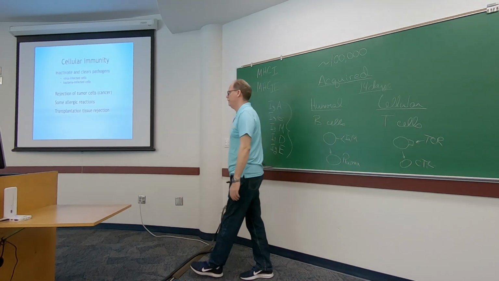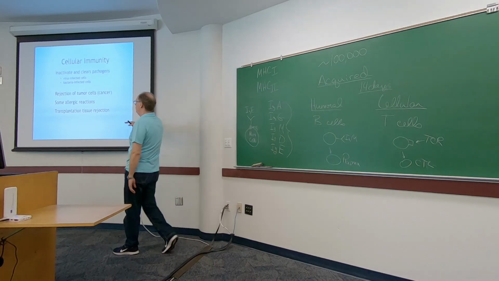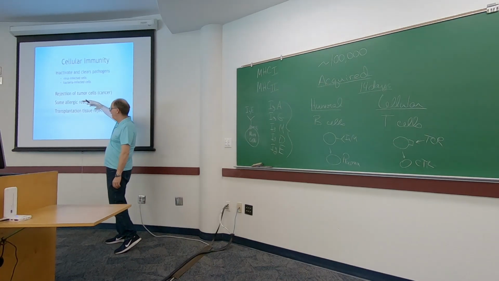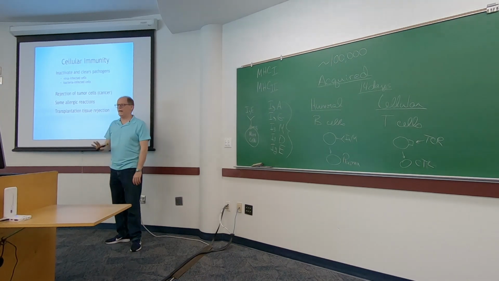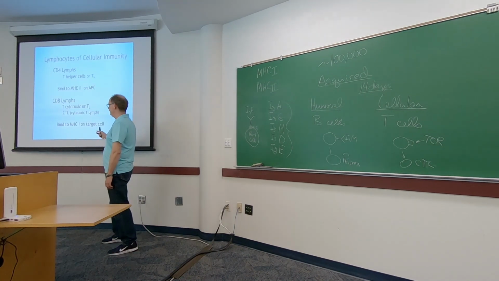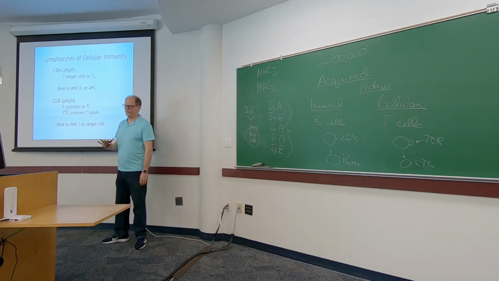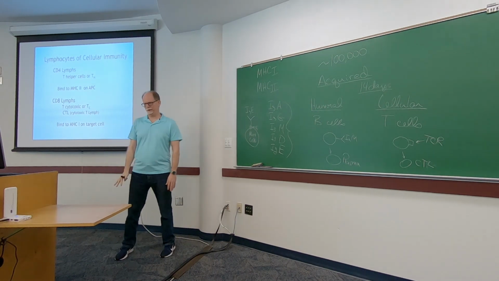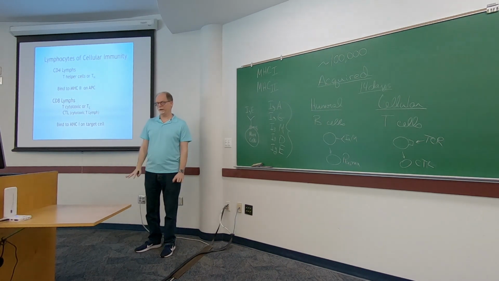That's why they're going to do that. Now when you reject tumor cells and transplantation of tissue, that might not be the case. But there are a lot of acronyms in immunology, and I'm not really getting into all of them.